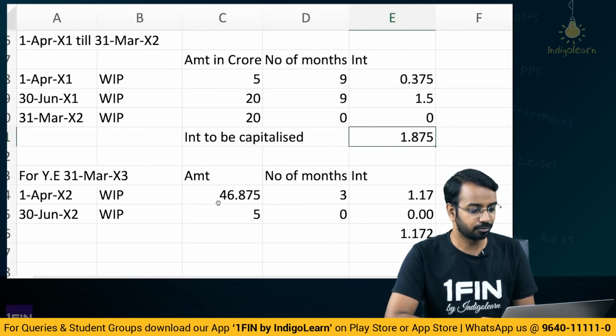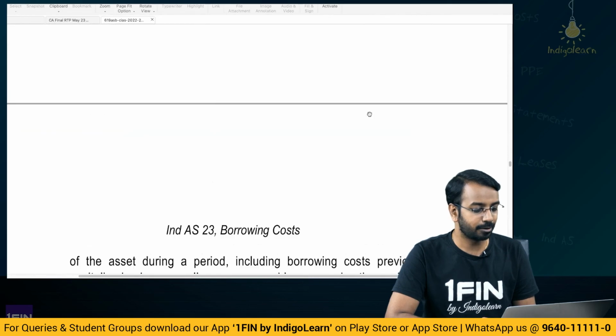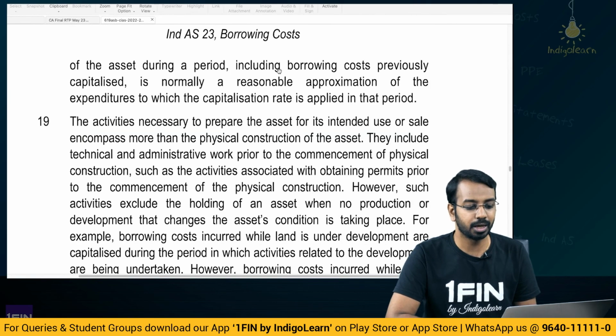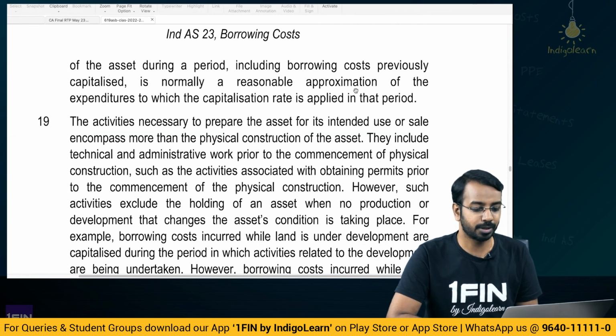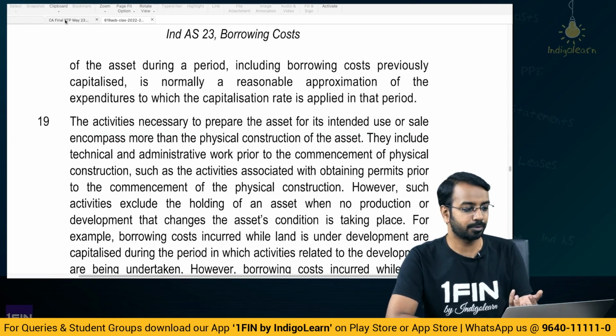So, if I take you through the specific part which says, the average carrying amount of the asset during a period, including borrowing cost previously capitalized, is normally a reasonable approximation of the expenditure to which the capitalization rate is applied in that period.